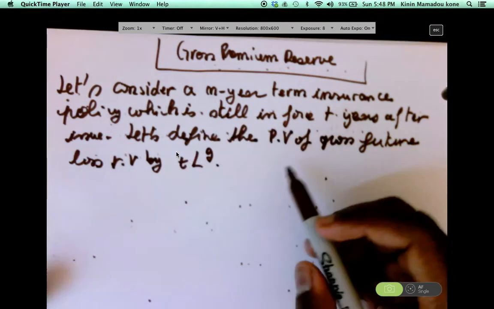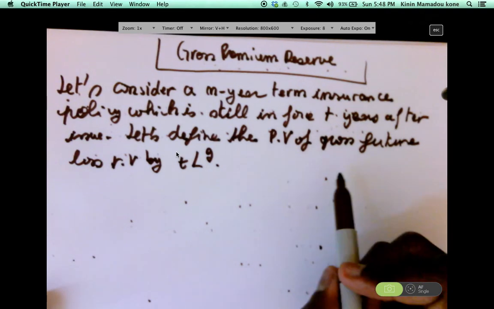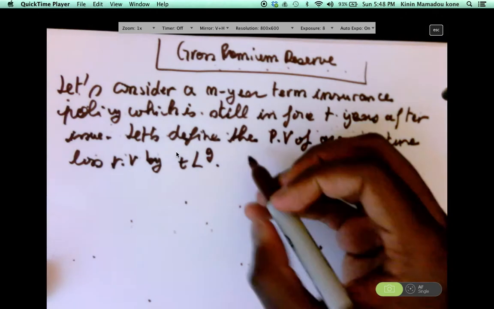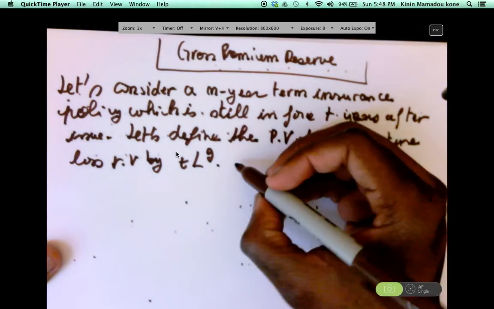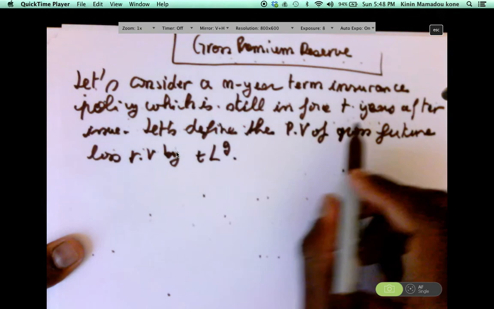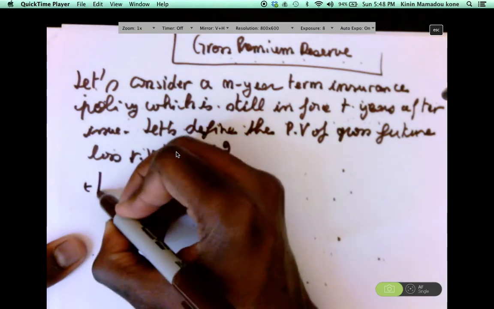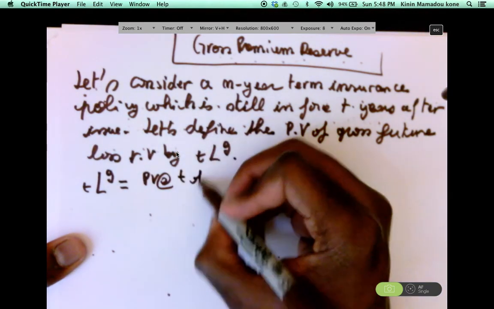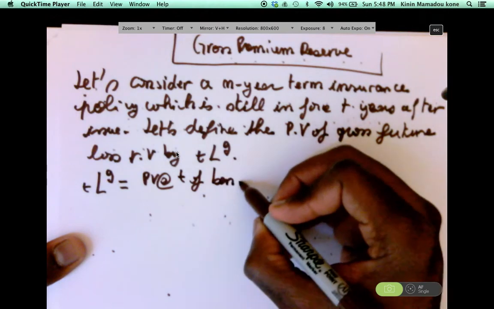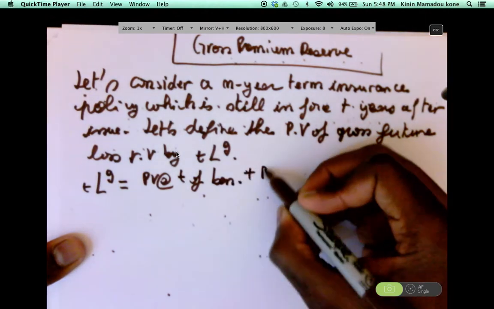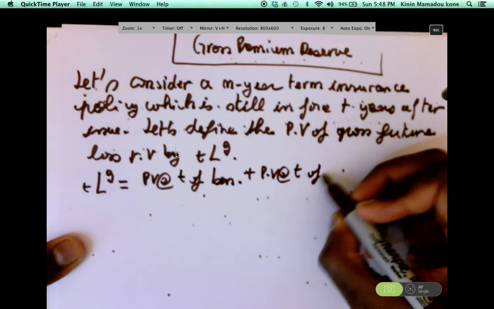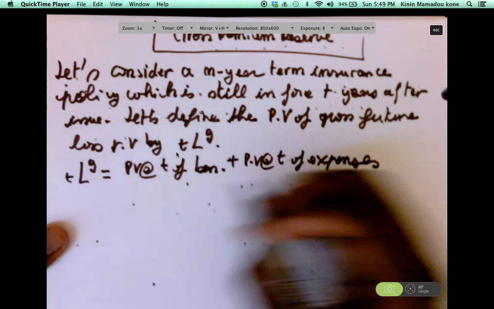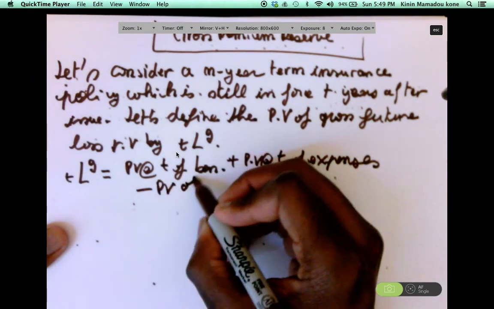So the GFL random variable at time t is going to be equal to the random variable that we just defined for term insurance: present value at time t of benefit, plus present value at time t of expenses, minus the present value of the gross premium.